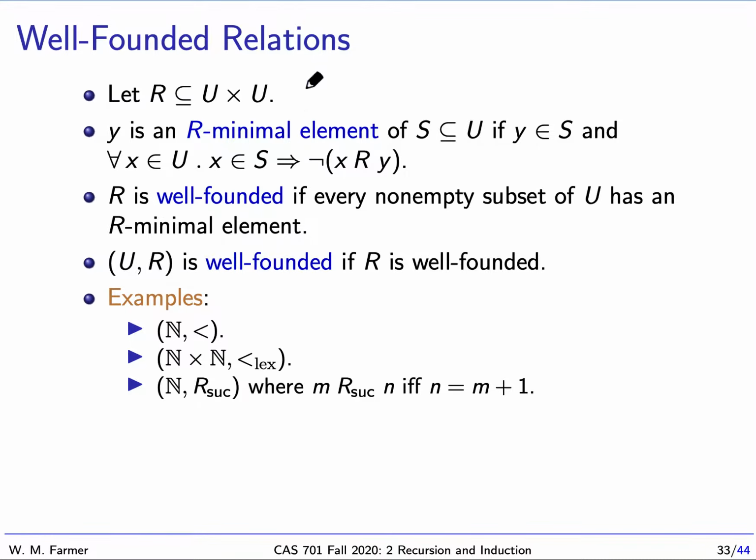Okay, so let's say we have a binary relation R on a set U. Suppose we have a subset S of U. Then we can say a value y is an R minimal element of S if y is in S, and for every member x of U, if x is in S, then it implies that x is not related to y.